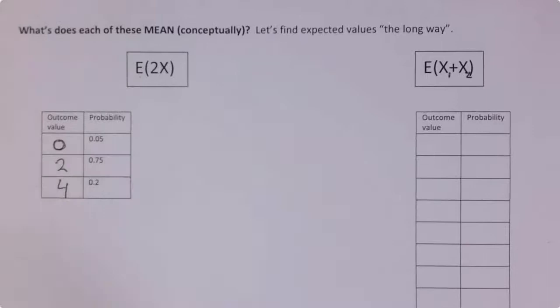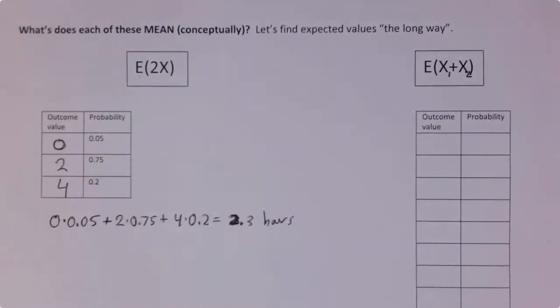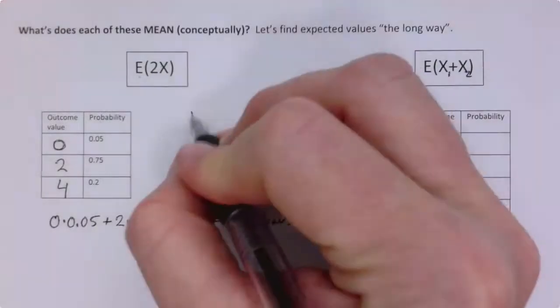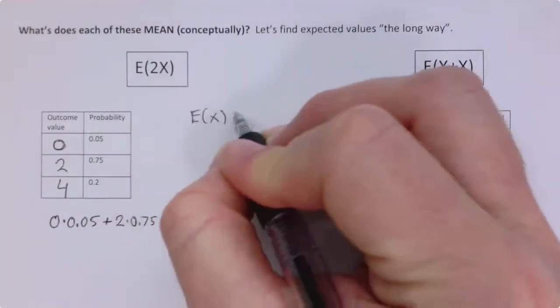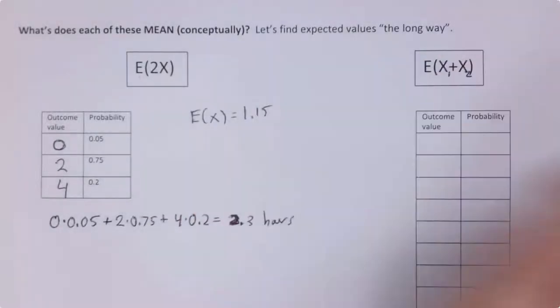So if I find the expected value, I could just calculate it the same way that I did at the top. Sorry for the poor writing. So I apply the formula and I get 2.3 hours. And something that you might notice is the original expected study time was 1.15.